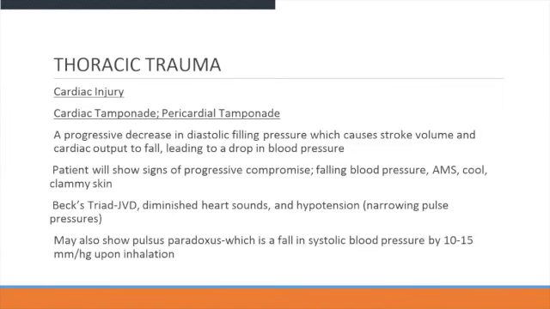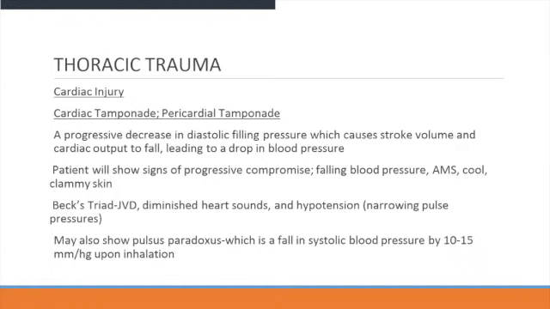You're going to notice a progressive decrease in diastolic filling pressure, which causes stroke volume and cardiac output to fall, leading to a drop in blood pressure. Patients will show signs of progressive compromise: falling blood pressure, altered mental status, cool, clammy skin.